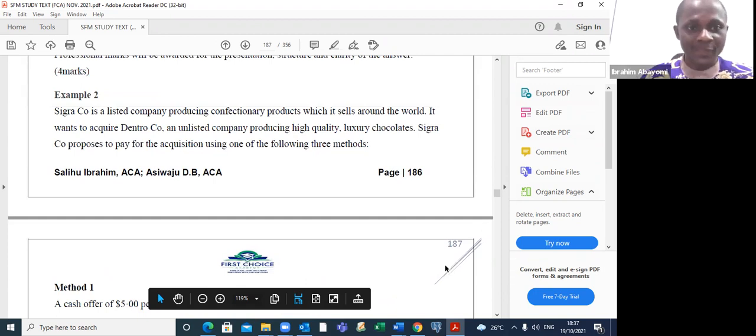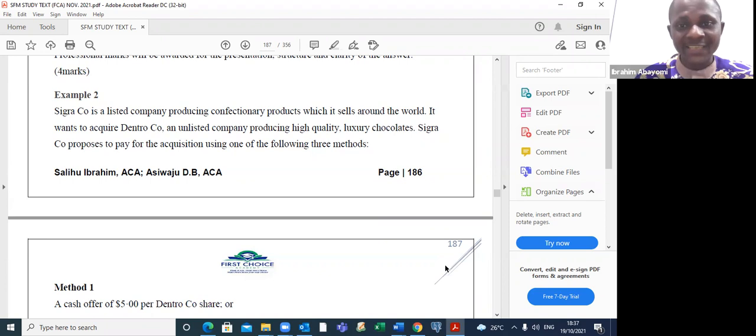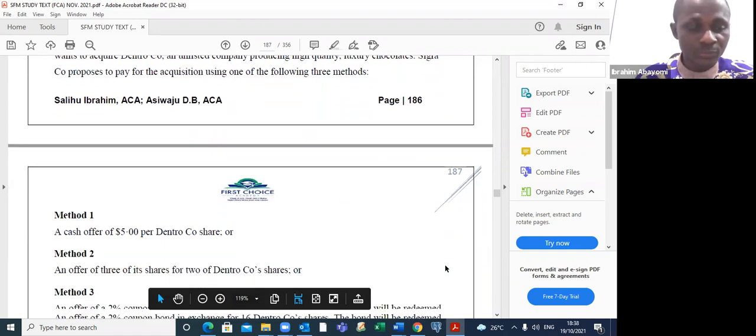Sigraco is a listed company producing confectionery products, which it sells around the world. It wants to acquire Dentroco, an unlisted company producing high-quality luxury chocolate. Sigraco proposed to pay for the acquisition using one of the following 3 methods.